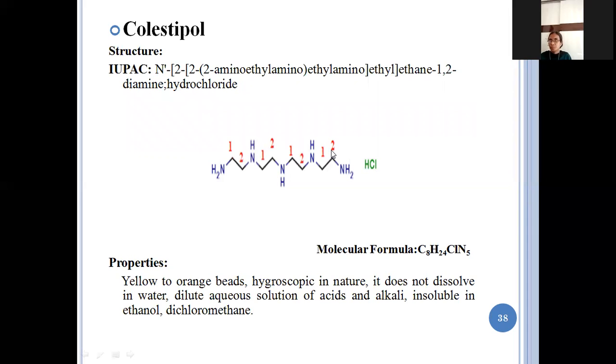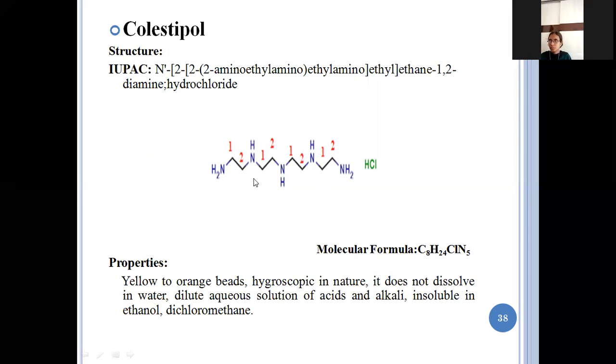So this is the amine group. The first, this is the ethane amino, and this is the ethyl amino, and another ethyl amino is there.